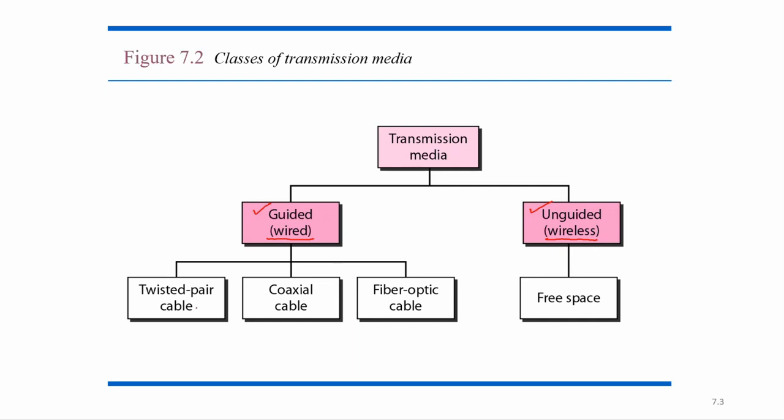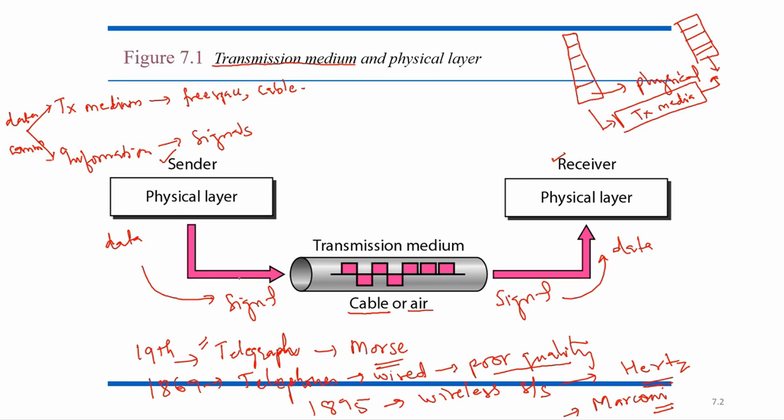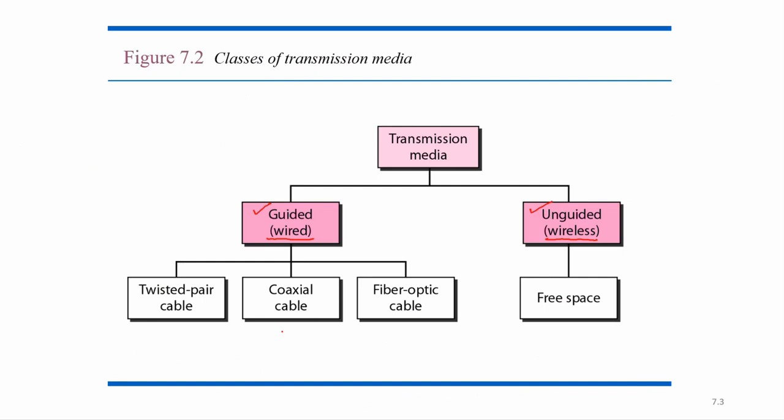The twisted pair cables and coaxial cables are like in the previous cases, like at the start of the telegraph, where they were using wires, but those wires were not that efficient. Therefore there were different advancements in the wires also. Two of the most frequently used wires even nowadays are twisted pair and coaxial cables.